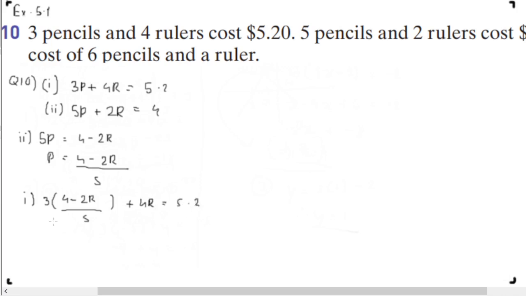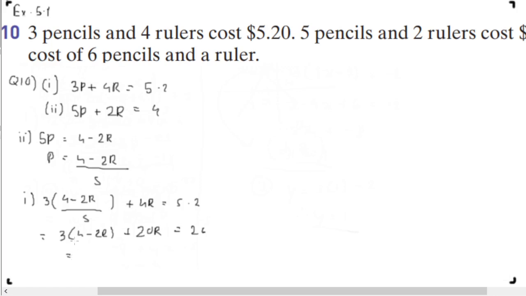And then you have to multiply each term by 5, so you can cancel this 5 out, because this is where it gets messy. So multiply by 5, multiply by 5, right? Then what this results to is 3 times 4 minus 2r plus 20r is equal to 26, right?